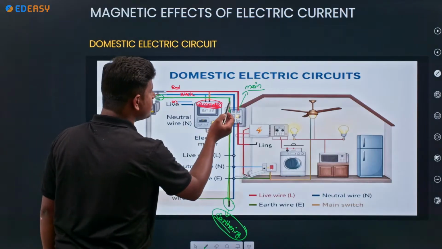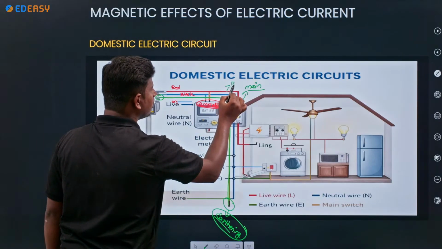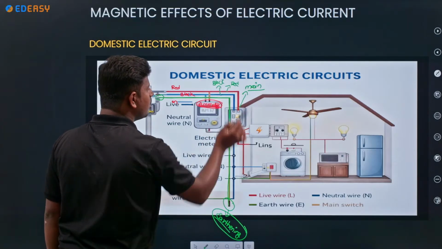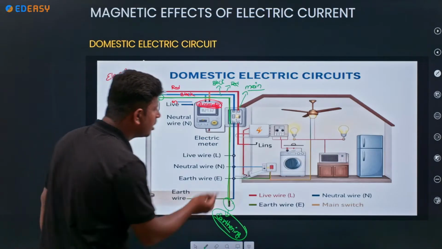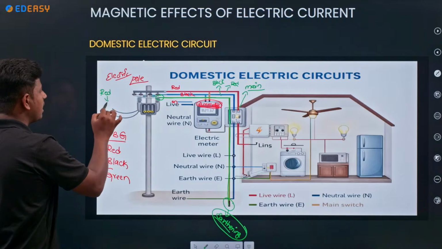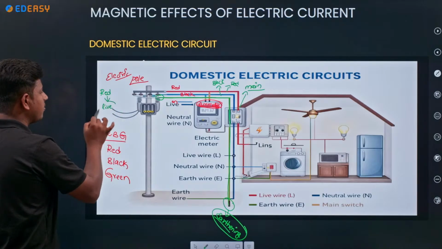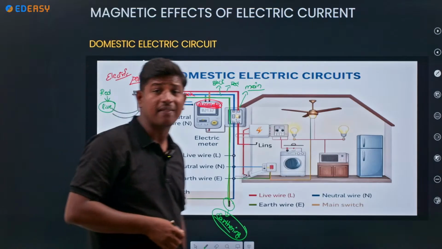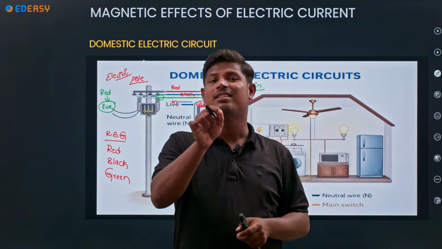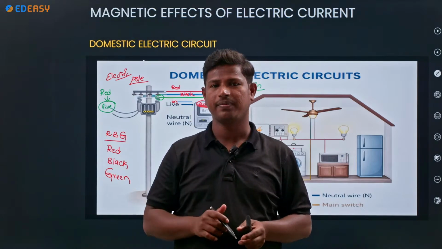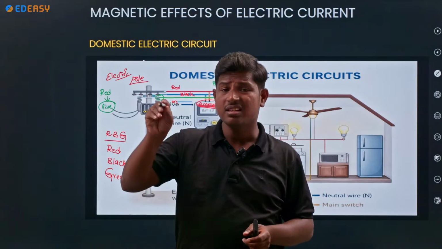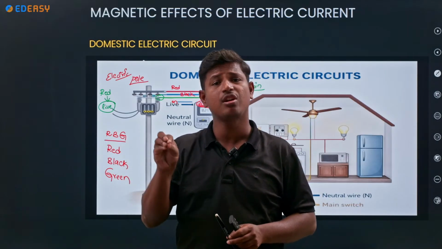Next, the remaining two wires: red wire and black. See, red wire is what? Red wire is the live wire. Which is live in the wire? Electricity is present or not. Whenever you see an electrician, they will test whether electricity is present in the switchboard.